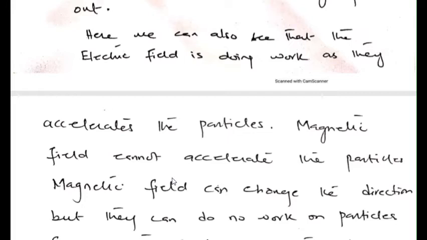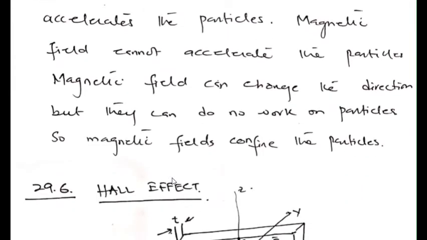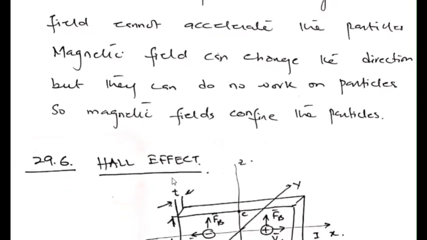The magnetic field can only change the direction but can do no work on the particle. So all the work that is being done in a cyclotron is because of the electric field, and the magnetic field is only used to confine the particle. So these are a few applications related to article 29.4.